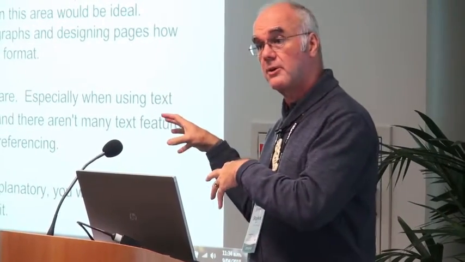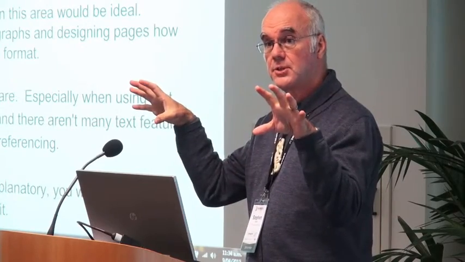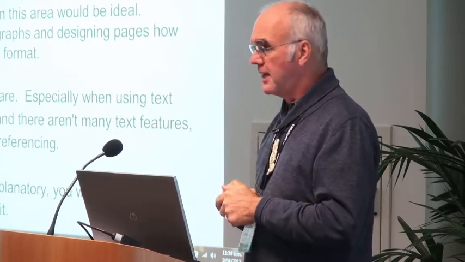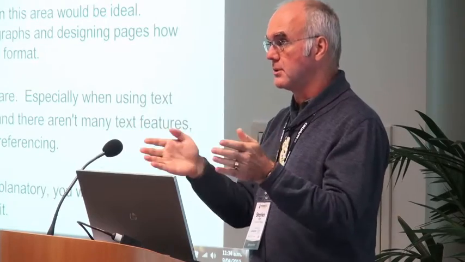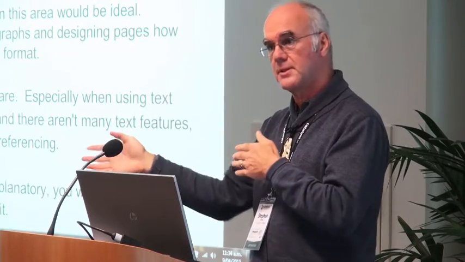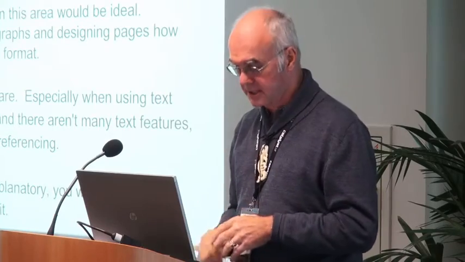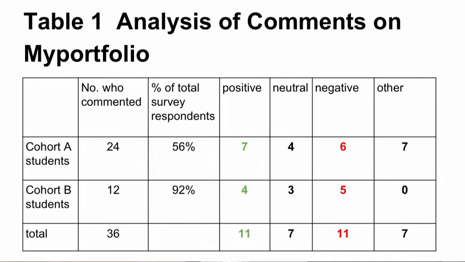For me, that was a good correlation with the placement of the student evaluation scores, that it was somewhere in the middle. Some really were enthusiastic, some were not so enthusiastic, so there's a bit of a mixture there. So I did a quick little analysis, it wasn't very scientific, about positive, neutral, and negative comments, and then other comments. Often when you give students feedback, they use the opportunity to bag the lecturer, the subject, the assignment. You know, there's other things there which they just get a chance to vent over.